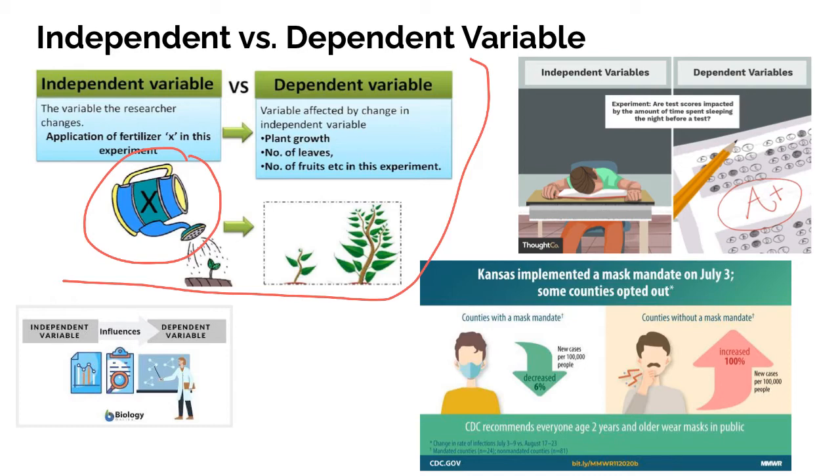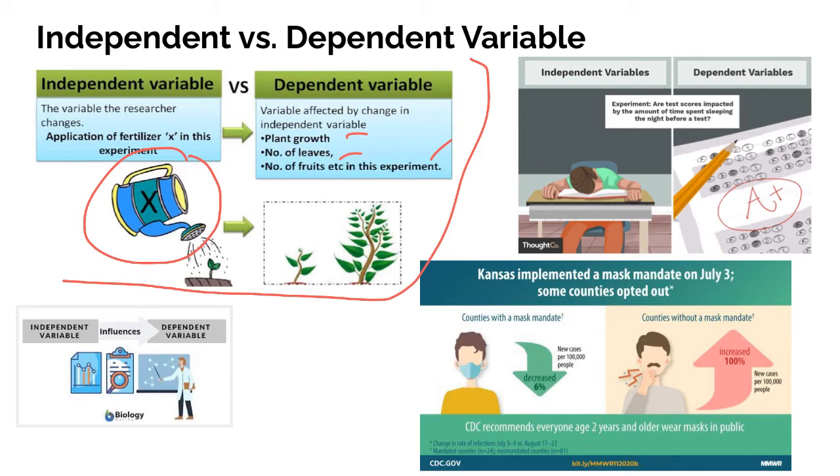The dependent variables that they're measuring at the end are things like how much did the plant grow? How many leaves did the plant have? Or the number of fruit compared to the plant that was not fertilized with fertilizer X compared to the plant that was fertilized with fertilizer X.